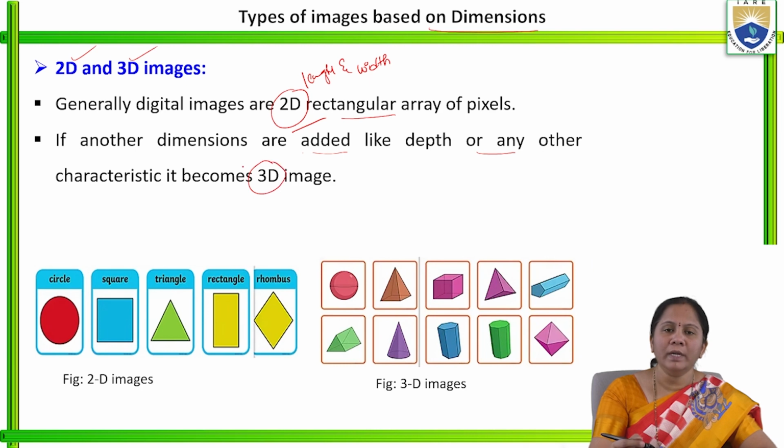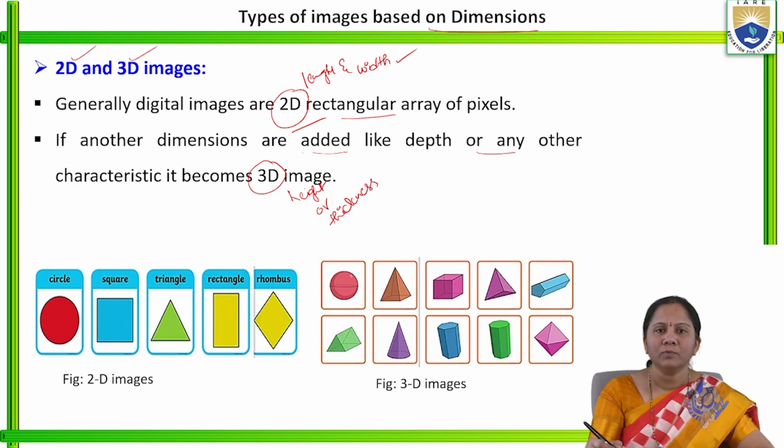Coming to 3D images, along with this length and width, one extra characteristic will be added. That extra characteristic may be height or thickness. Okay, so this is the main difference between 2D and 3D images.